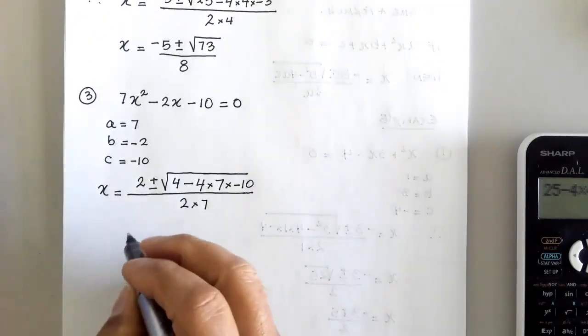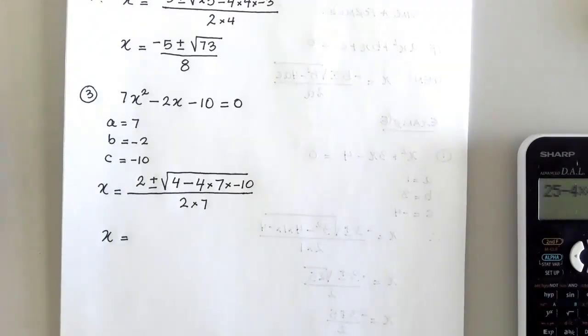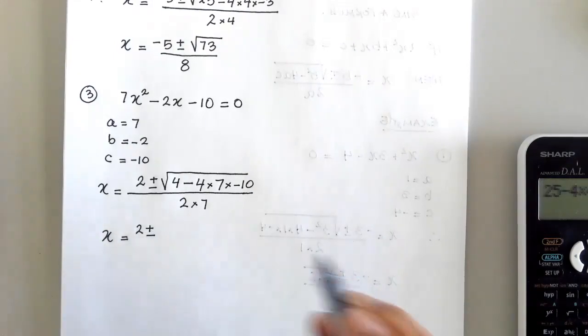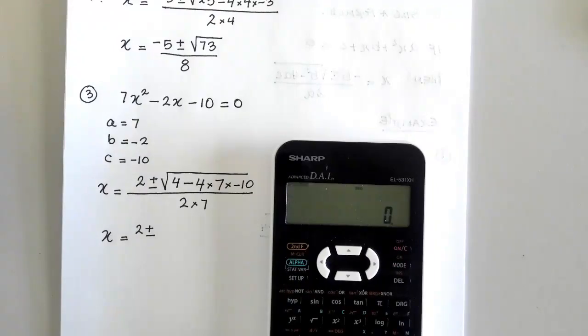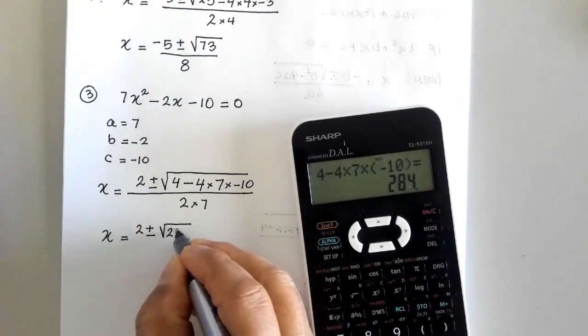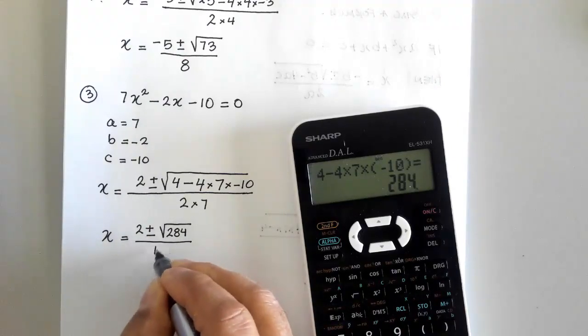And then we continue with this. So we're gonna have 2 plus or minus, and then we do what we have under the square root. It will be 4, take away 4 times 7 times -10, equal 284. Square root of 284, and then divide by 14.